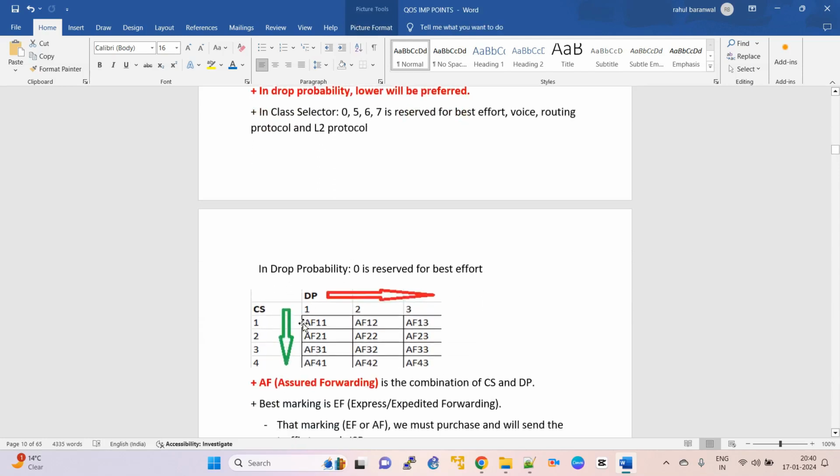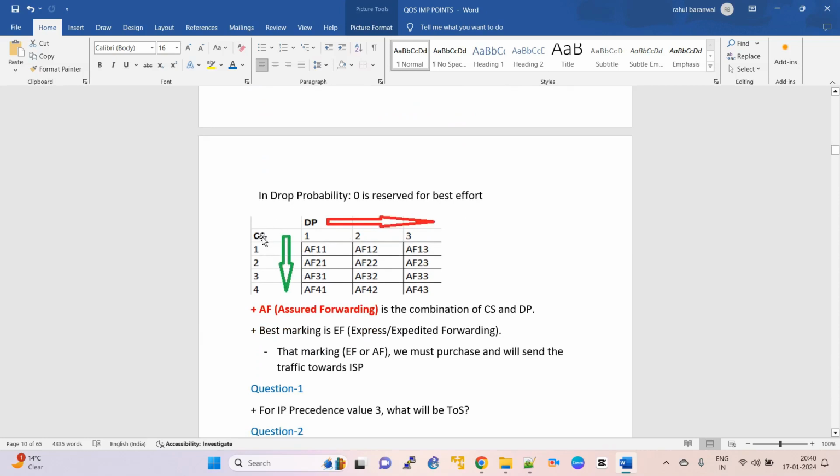If we combine class selector and drop probability, then it forms assured forwarding, right? Class selector is written this way and drop probability on the right side. If we combine them, it forms AF11, AF12, AF13. Similarly, AF41, AF42, AF43, right?